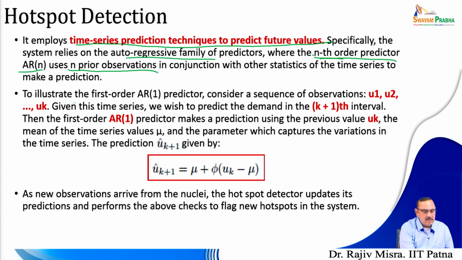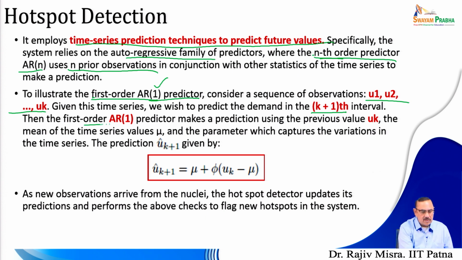To illustrate, consider the first order predictor, AR(1). Let us consider the sequence of observations u1, u2, and so on up to uk. Given this time series, we wish to predict the demand in the (k+1)th interval, that is, the next interval.